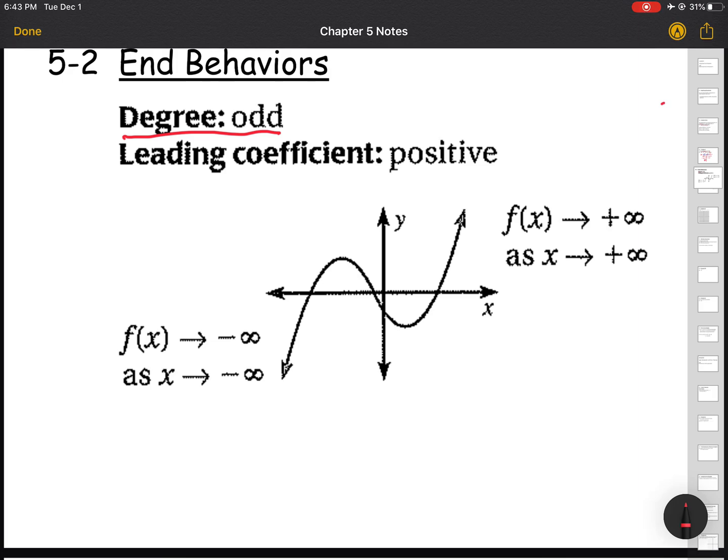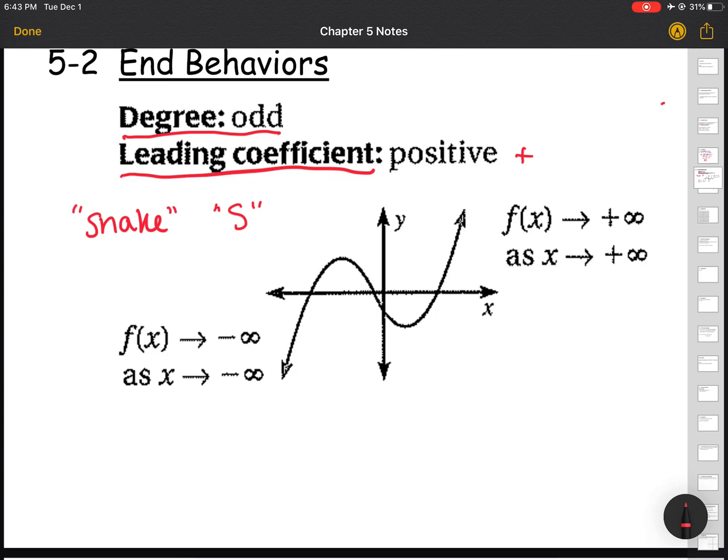Okay, so if my degree is odd and my leading coefficient, or LC, is positive, then my graph is going to look like this snake-like, or S-shaped curve, okay?